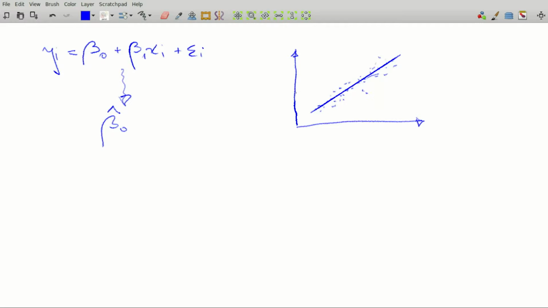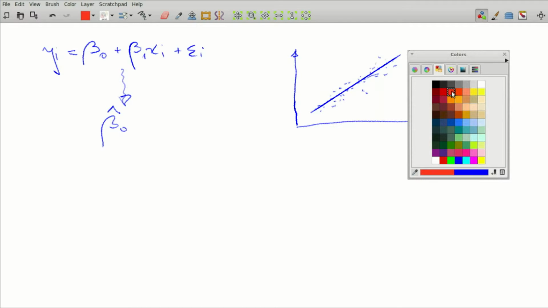Let's denote that as beta naught hat, which is essentially an estimate of this intercept here. Then the second estimate, beta 1 hat, would be an estimate of the slope.